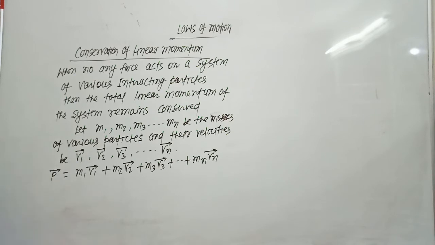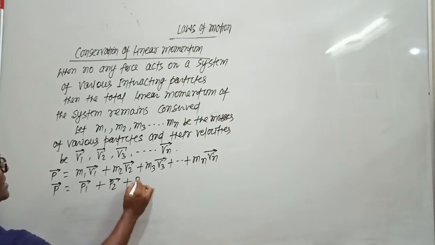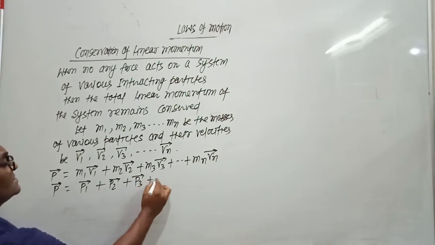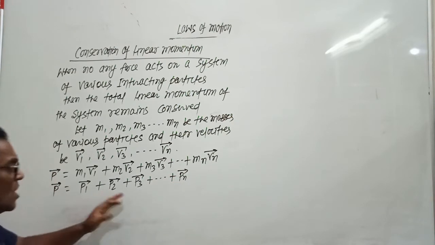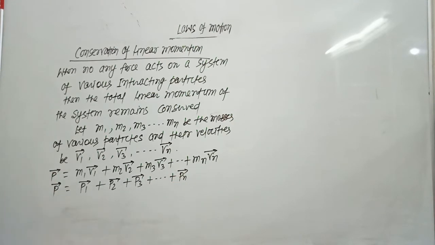This is the total linear momentum of the system, and this can also be represented by p vector equals to p1 vector plus p2 vector plus p3 vector plus up to pn vector. Sum of linear momentums of the n particles is equal to total linear momentum of the system.